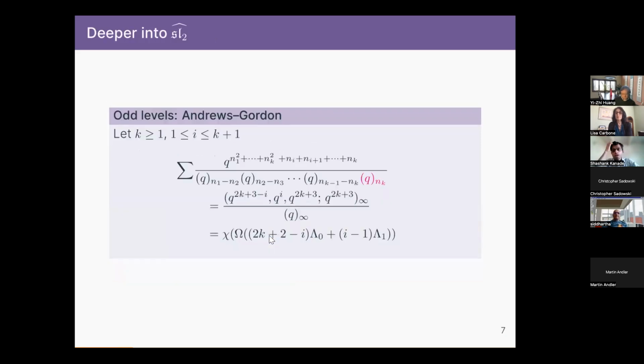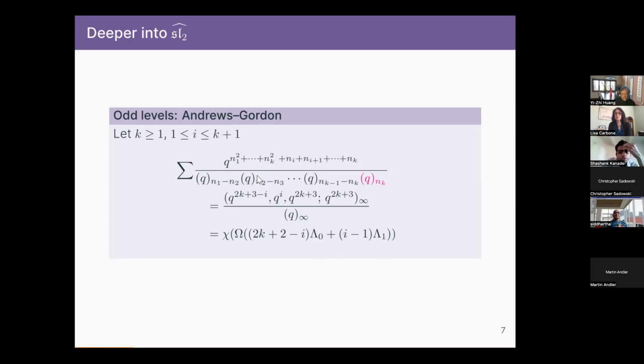Okay, so at odd levels of SL2, you get these Andrews-Gordon identities. And these are the products that I showed you in the middle line. On the right-hand side, I'm showing the designation of which modules they come from. And on the sum side, there is this expression.